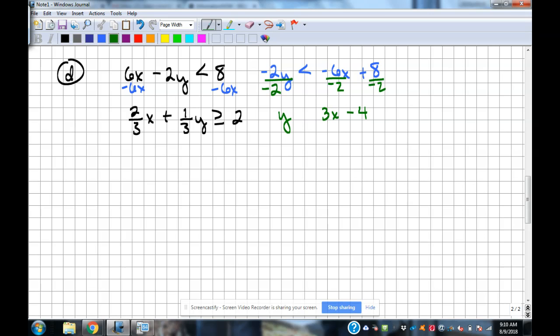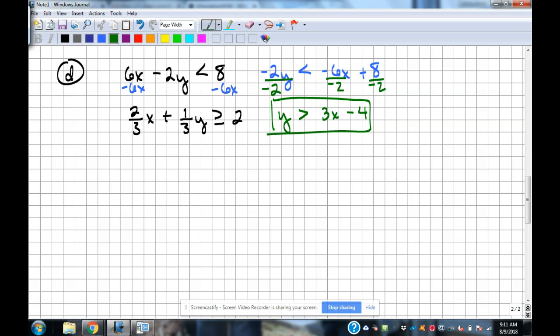Okay, I didn't put the inequality symbol there. Victoria, can you help us? Very good. If you multiply or divide by a negative when solving an inequality, you have to flip the symbol around. So the less than becomes greater than in this case.